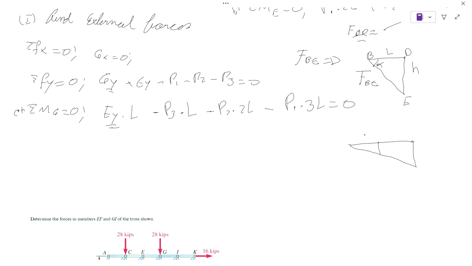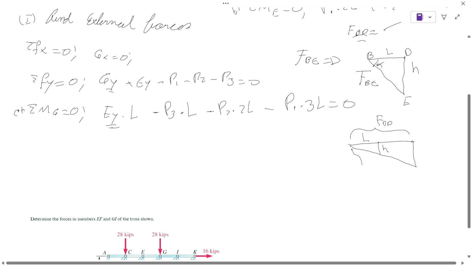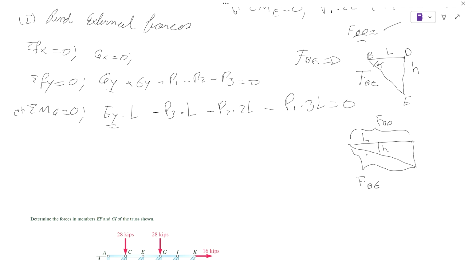So either we find the angle, or we do a ratio of triangles, whichever method you prefer. So we have L to H, this little triangle, is to the big triangle, F_BD as F, this whole thing, F_BE is to this distance, the hypotenuse. And of course, we know this hypotenuse is the square root of L squared plus H squared.